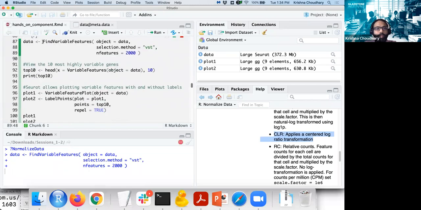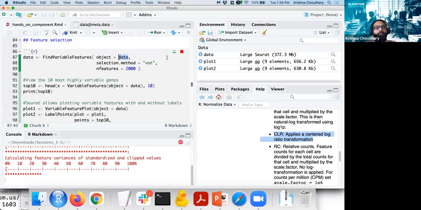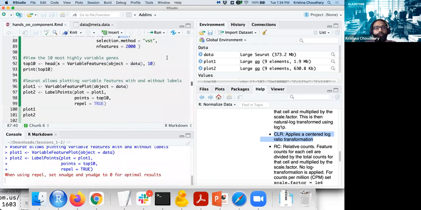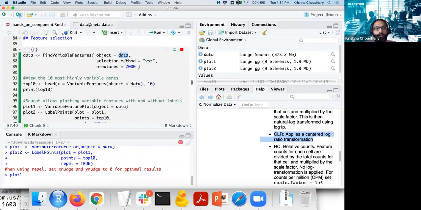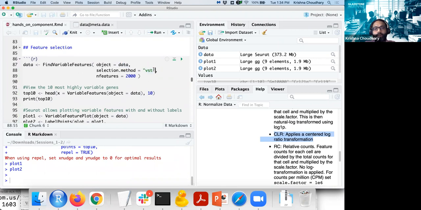What we are doing here is, first of all, we are using the function FindVariableFeatures. We are passing it the Seurat object that we created yesterday with the normalized counts in there. And then we are asking it to perform the standardization of the variance using the variance stabilizing transform, which I just described.